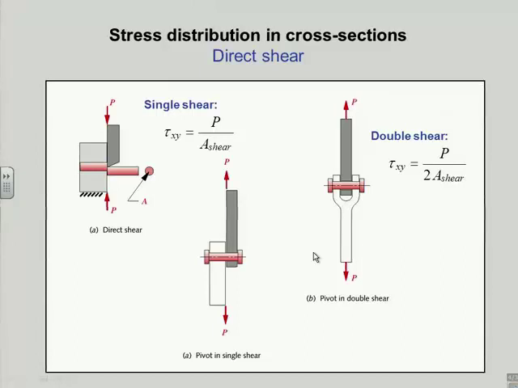Now, better arrangement for a whole bunch of reasons is to put this arrangement, this is the same pair of links, but now it's in double shear because I've made one of these links have what's called a clevis, or sometimes called a yoke, and I'm reaching around the link, and now I'm supporting the pin on both sides. And the big advantage of this is that now I have these forces in line with one another, whereas over here, they're only really in line if I have zero gap, right?